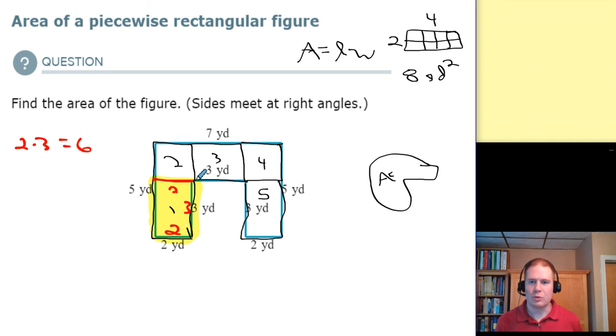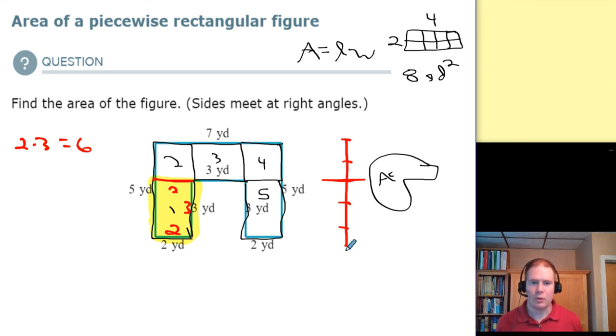Well, if this is 2, this is also 2, so the length here is 2. The question is, what's the width here? Well, I know this total length is 5, so I have a piece that's 5 yards long, and it's being cut, not in the middle, but it's being cut here. So if the total is 5, here's 3, 1, 2, 3, and here's 5.